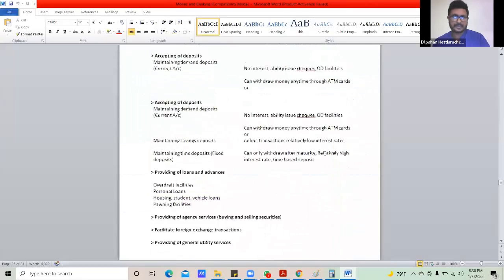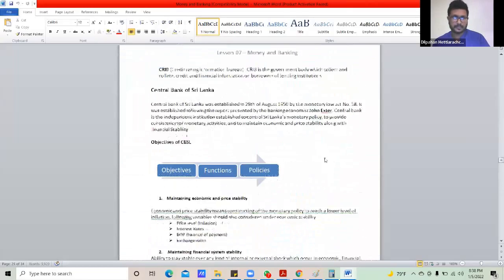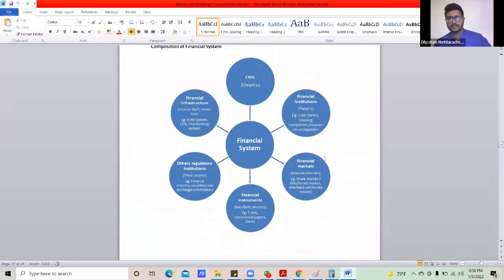Yes. So as a diagram, we can explain it like this. These are the components of the whole financial system of Sri Lanka. The Lokuaya is the central bank, and then we have financial institutions, financial markets, instruments, regulatory institutions, and infrastructure.